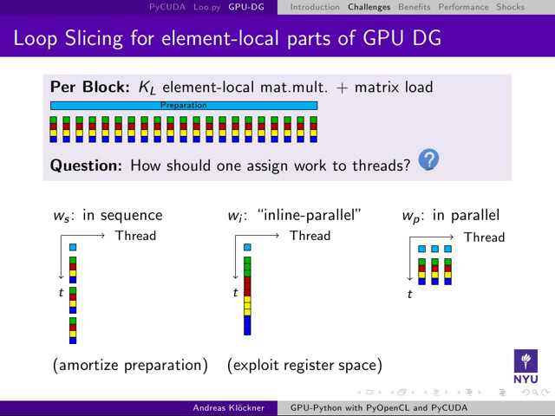Doing this here helps you exploit register space, because you're occupying more on-chip registers. This here just exploits the width of the machine. Which of those is better? In fact, they're orthogonal, so I can do some of this, a little bit of that, and a lot of this. It's not clear, right?